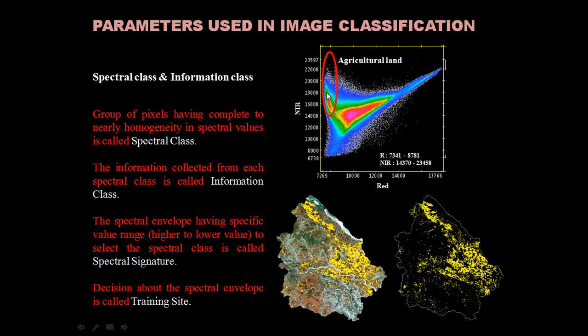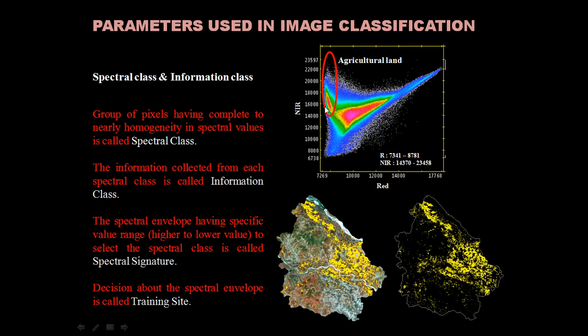class, and these spectral classes, meaning the pixel values within this group of pixels having the specific spectral values which determine the specific information class, is called the spectral signature, and the decision about the spectral envelope is called the training site.